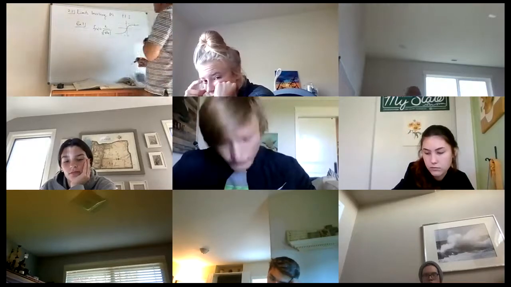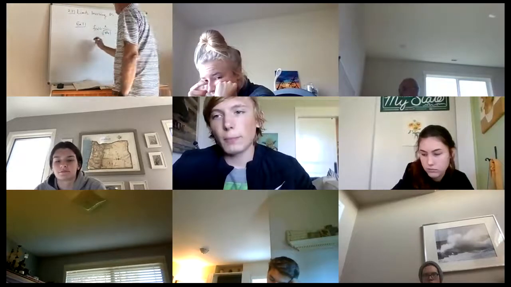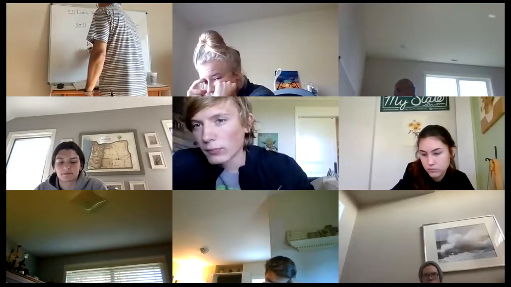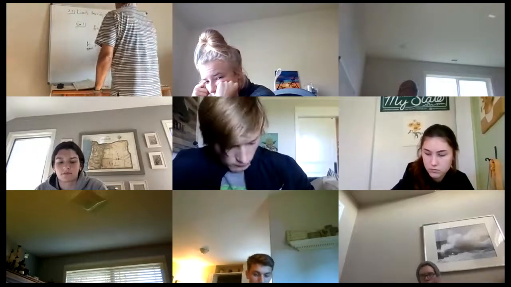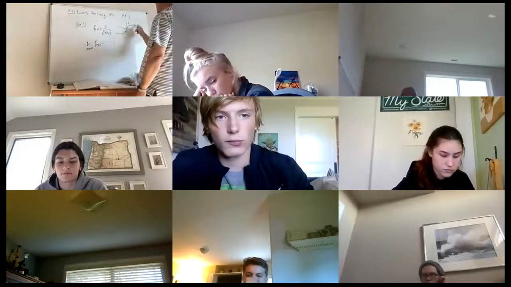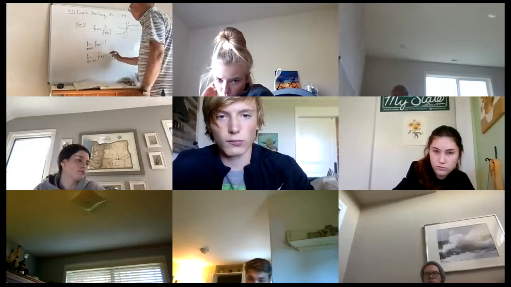It's like this. So the limit as x goes to positive infinity is 1, because it tries to get to 1 but never gets there. The limit as x approaches negative infinity goes this way, so it tries to get to -1, but it never gets there.